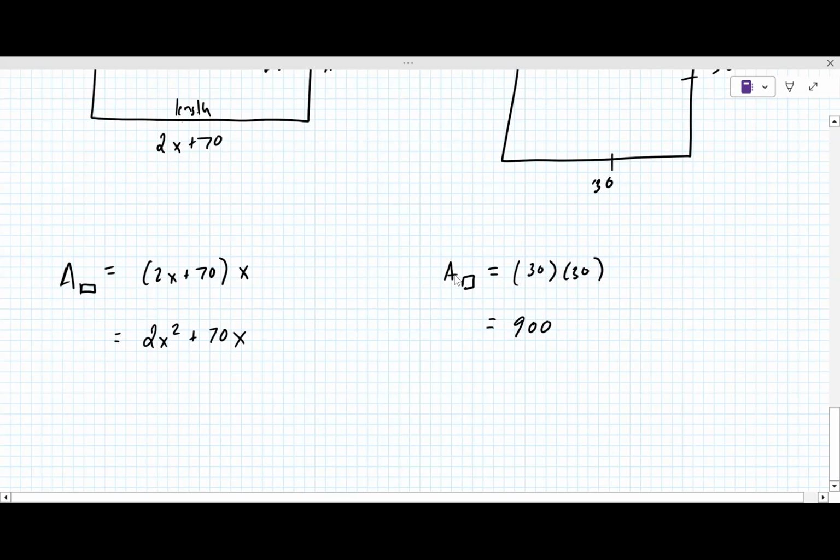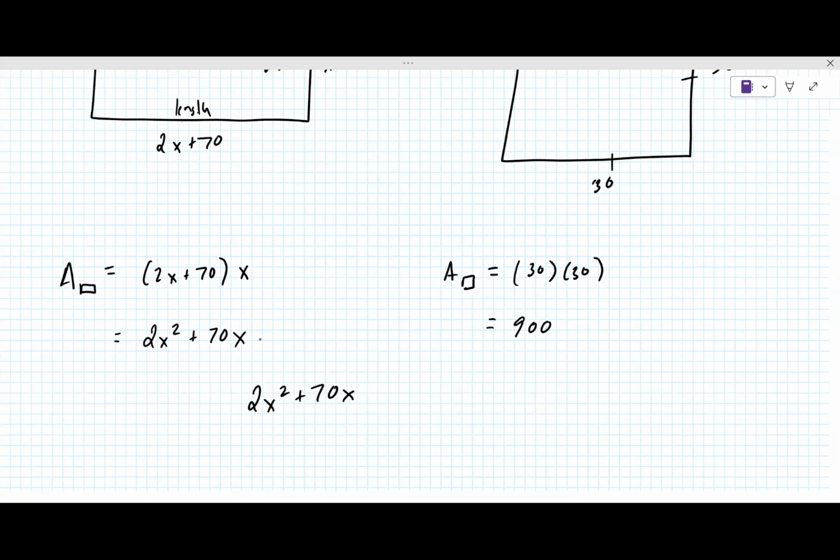We don't know what the x's are, but this quantity represents the area of the rectangle and this represents the area of the square. What do we know about these two from the beginning? Same area. They're equal. You can set them equal to each other.